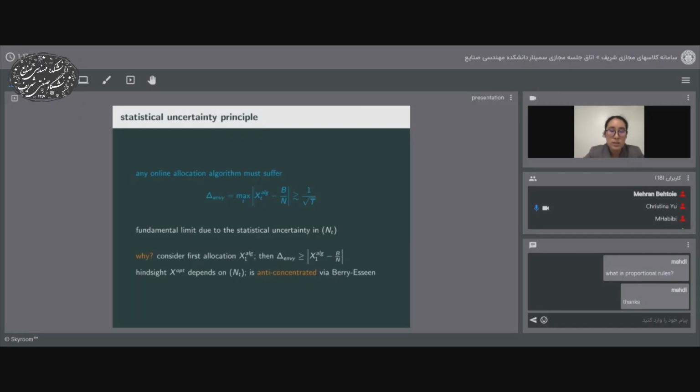So it has to do with this root t anti-concentration that you get this 1 over root t delta NV lower bound.